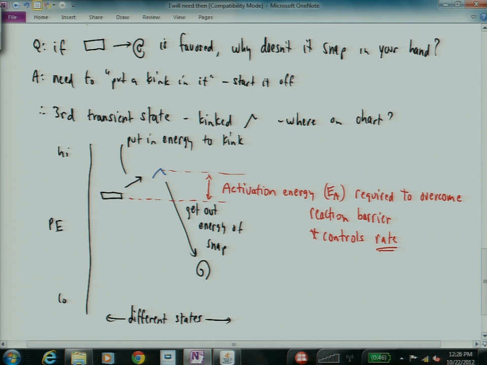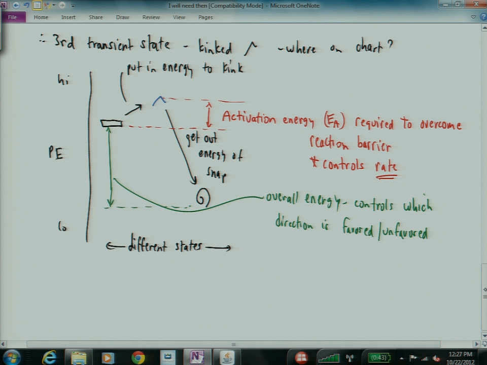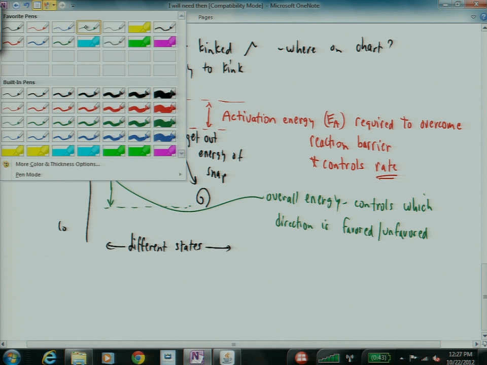And this controls which direction is favored or unfavored. And that's another important thing for whether the reaction happens at all. So there's a bunch of important things I want to get from that.